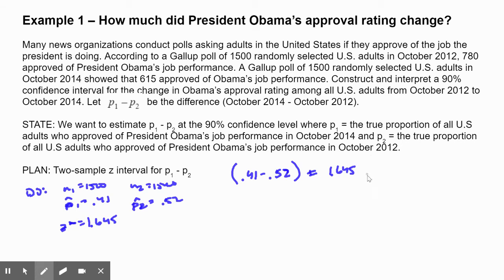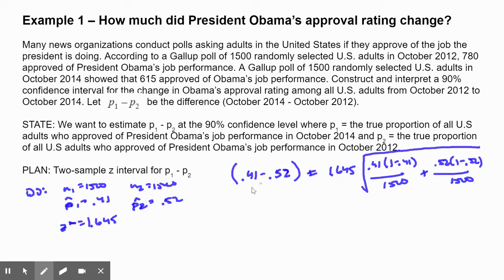Now here comes your big square root. I don't know if I'm gonna have enough room. I hope so. So it's p hat 1 times 1 minus p hat 1 over n1 plus p hat 2 times 1 minus p hat 2 all over n2, and that's inside a square root. Okay, so I'll do this part, and then I'll do this part. So 0.41 minus 0.52, that's negative 0.11, plus or minus.